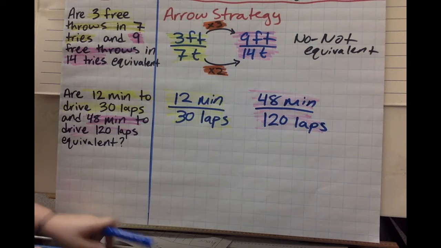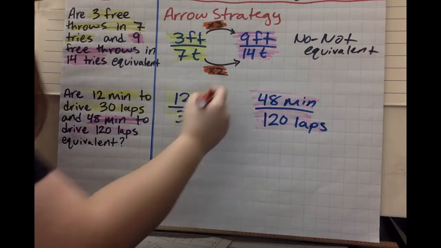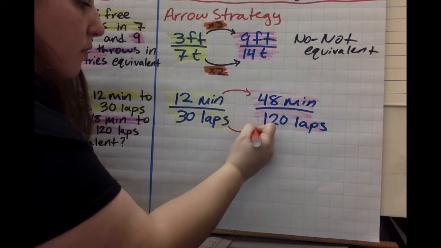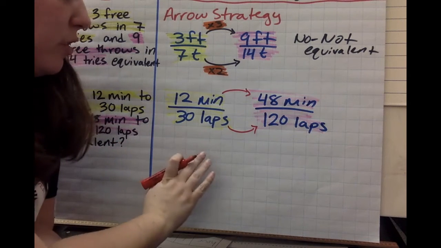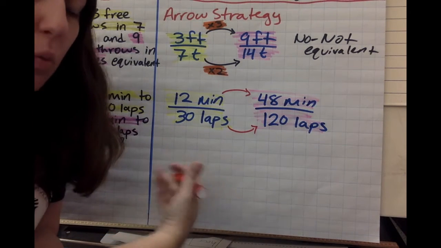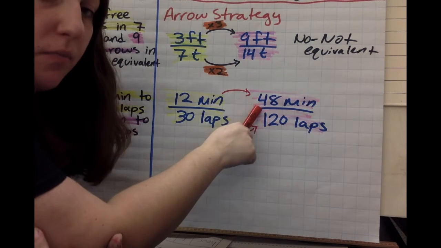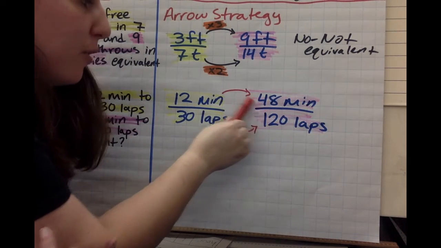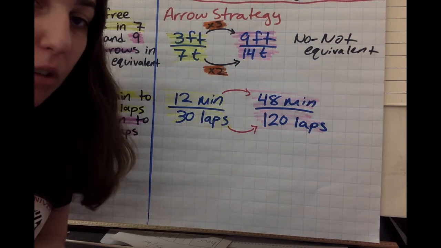Okay, so again, I'm going to make my arrows. And I'm going to think to myself, what do I multiply 12 by to get 48? Somehow I had to get 48 from 12. If I'm unsure, I can use my calculator.